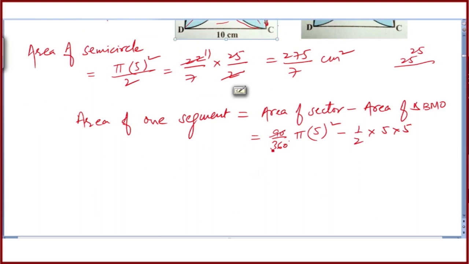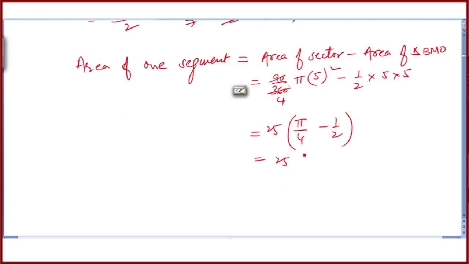I need to multiply it by 8. So, this will give me 4, okay. So, this is pi by 4 minus 1 by 2. I have taken 25 common, okay. So, this will give me 25 into 22 by 7, 7 into 4 is 28 minus 1 by 2, okay.